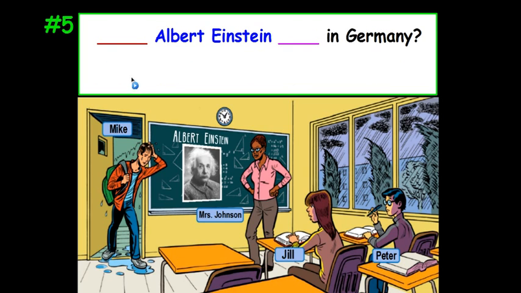Number 5. Was Albert Einstein born in Germany? Yes, he was.